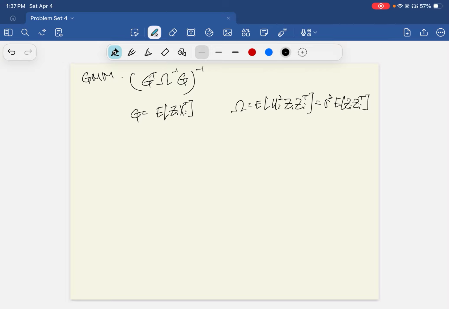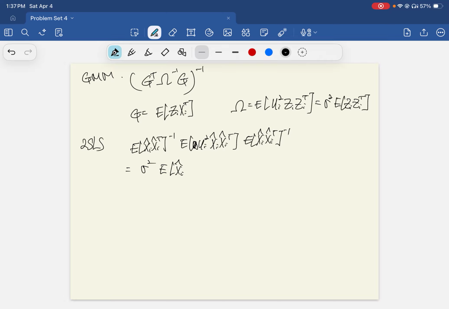Okay, now let's think about it. On the other hand, the two-stage least squares form was expectation xi hat xi hat transpose inverse, expectation ui squared xi hat xi hat transpose, expectation xi hat xi hat transpose inverse, in general, right? And under the homoscedasticity assumption, sigma squared will go out, and it's just simply this.